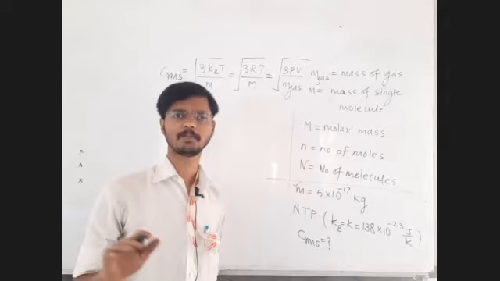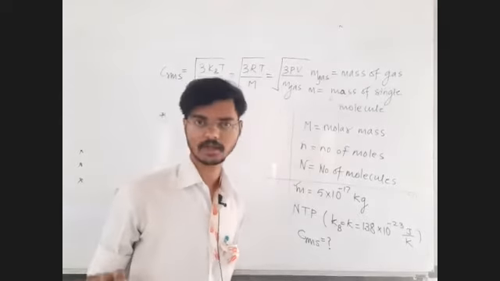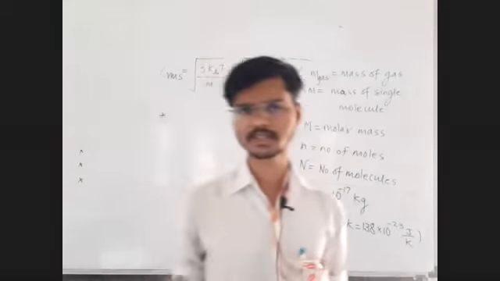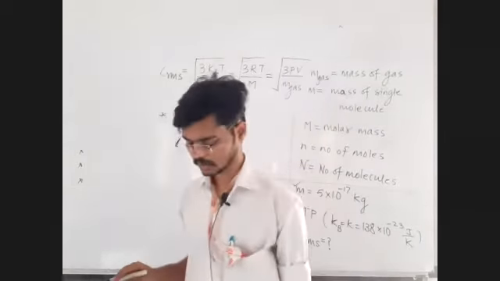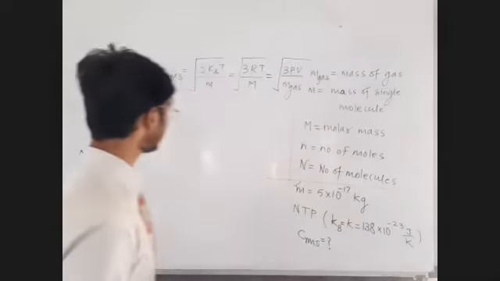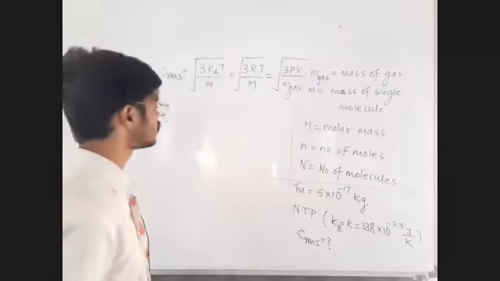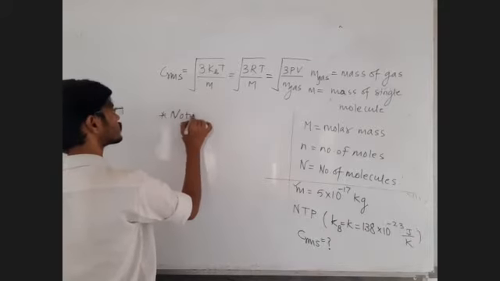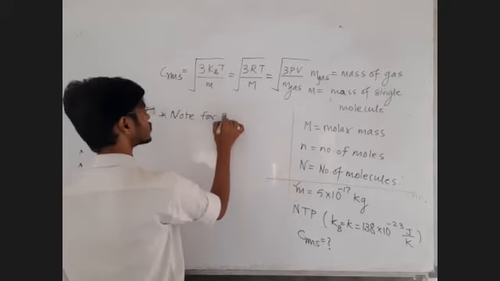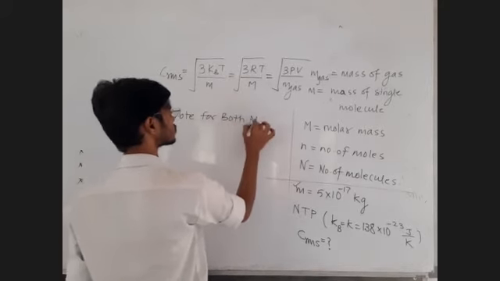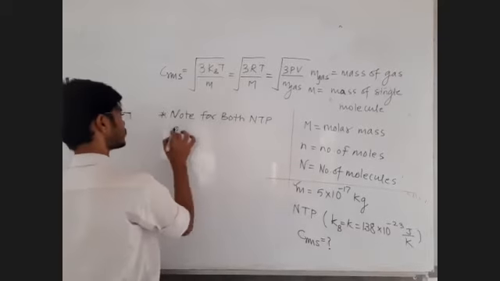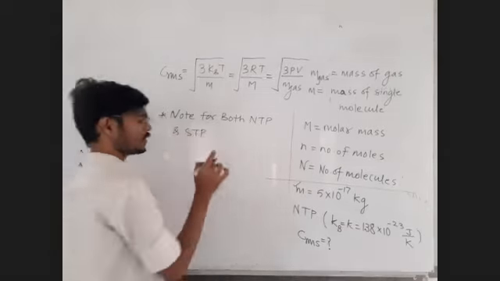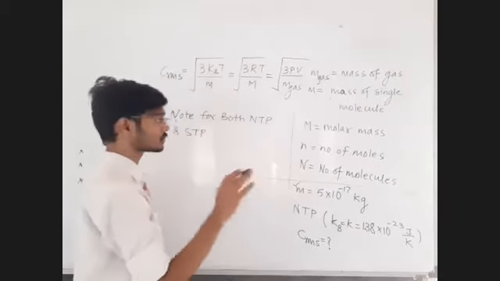Now Atharv is saying 1 atm. We will not be making any kind of confusion. Write down along with me. Note: for both NTP and STP, we will be treating NTP and STP the same.